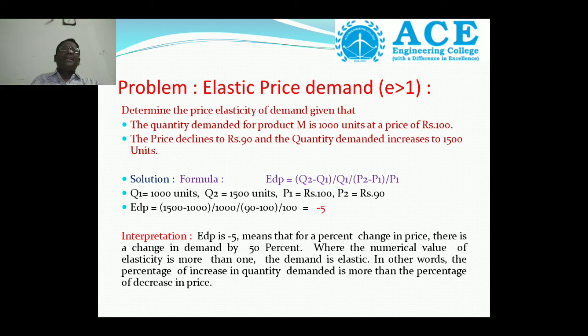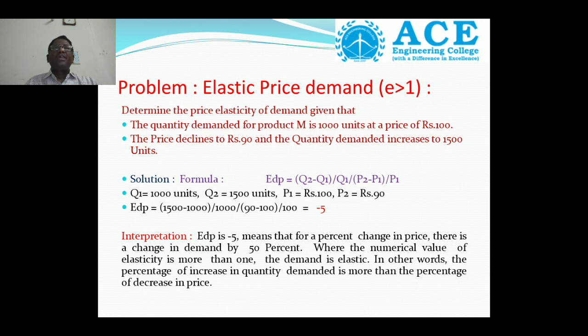Q1 is quantity demanded before price change. Q2 means quantity demanded after price change. Then P1 means price before change. P2 means price after change. So now you have a clear idea about the formula.